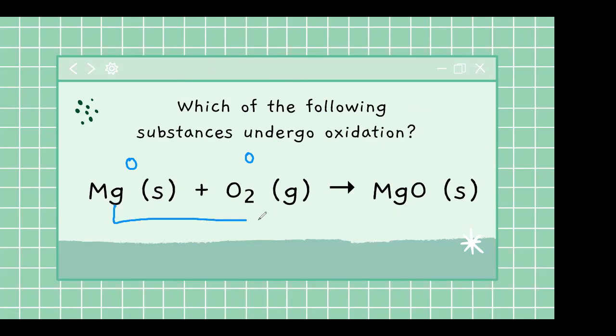So this Mg goes to the other Mg, and this O2 goes to this O. So Mg 0 turns into Mg plus, okay.